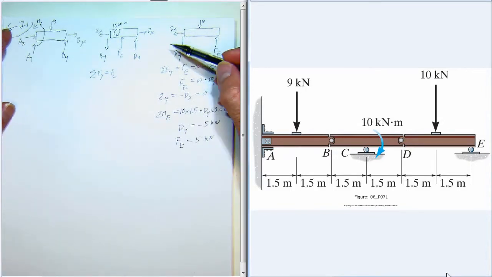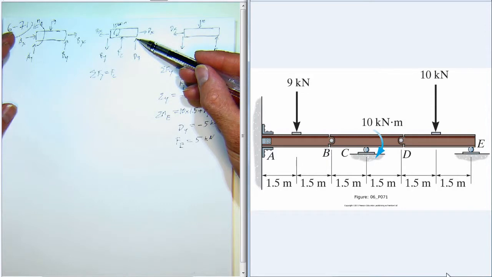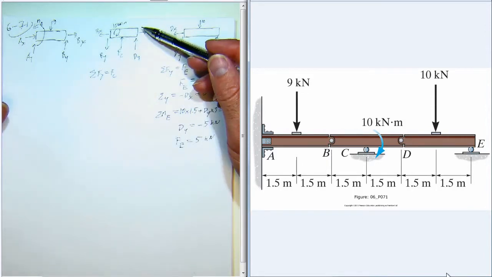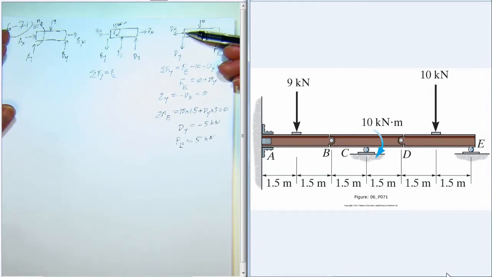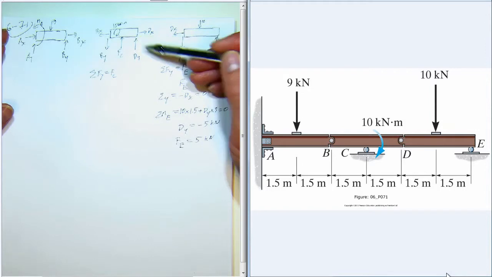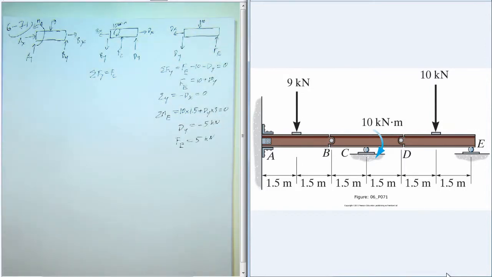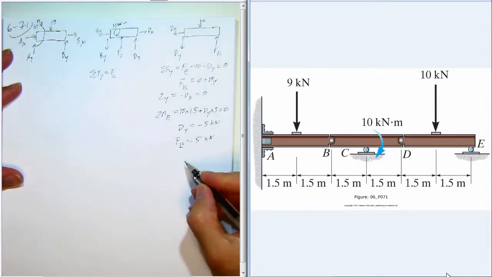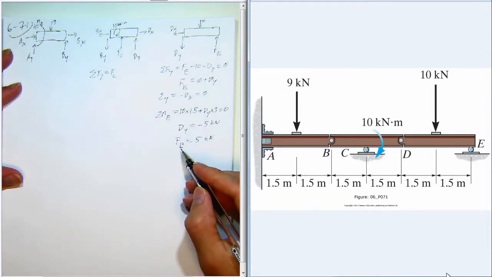Dy is shown acting up on BD, but we found that it acts up on DE, so it actually acts down on BD. So again, we can go ahead and just write a table with the final answers and then change our free body diagram.